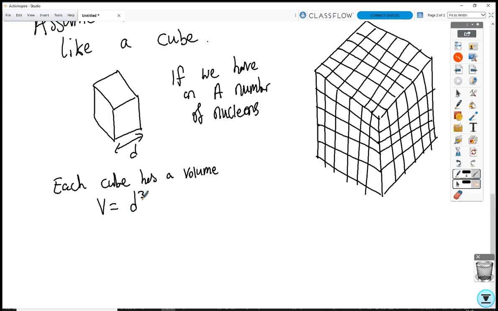The total volume for the entire nucleus with A number of nucleons is just A times the volume of one cube. So V total is equal to A times d cubed. That gives us the total volume.